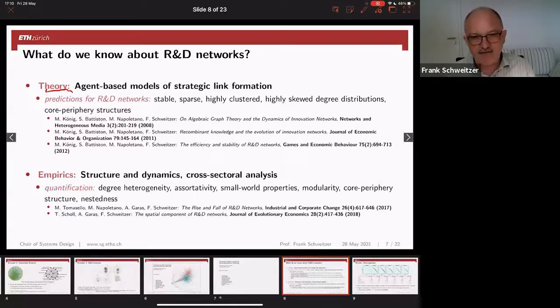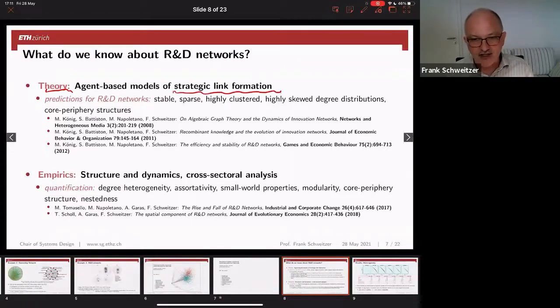Each agent is a firm, and this firm is characterized by a utility function, and in order to gain a positive utility, firms decide to collaborate. But then they carefully check whether they should collaborate with firm A or with firm B or with firm C, because they want to maximize their utility or their profit from this. So this is what we mean by strategic link formation.